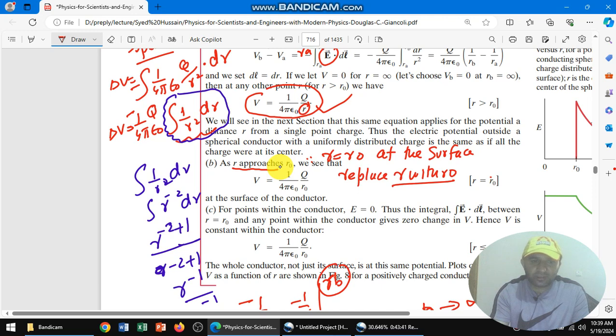This gives us the potential at the surface, which is also equal to 1 over 4 pi epsilon naught Q over R naught.